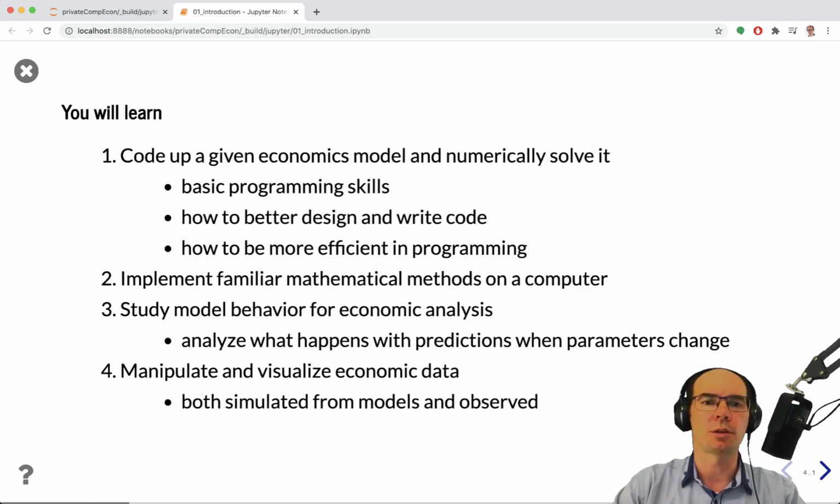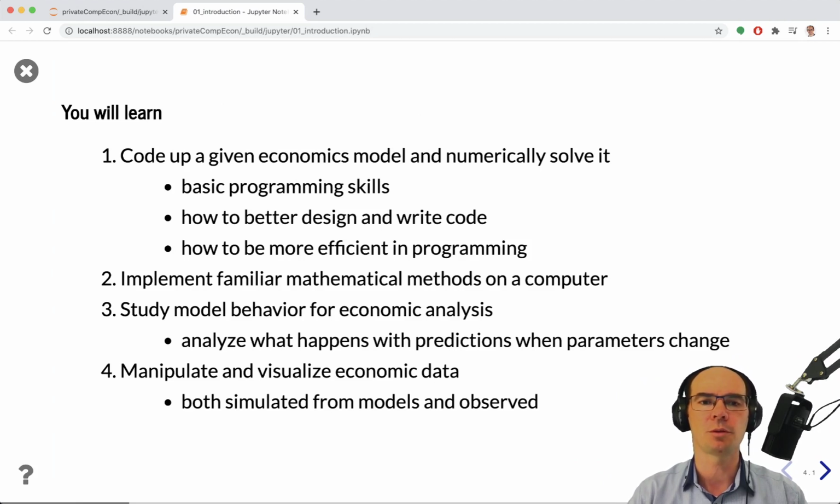So what will you learn? You will learn to code up a given economic model and solve it numerically. So this course is a lot about basic programming skills and teaching you how to better design and write code. If you have programming experience, that's always a plus, but we will talk about how to make your code more efficient.